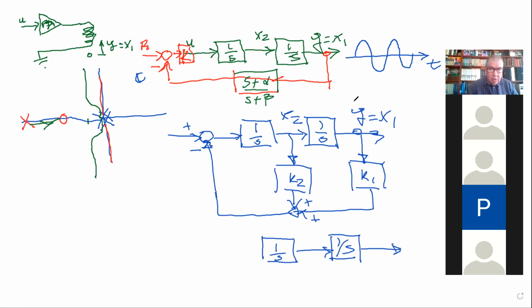So what you get is this output multiplied by K1. And then you have K2 multiplying this point. But for K2 multiplying this point, if you cut this wire and place it there to have an equivalent, you have to multiply by the inverse of this transfer function, which is S. So you must have K1 plus S K2.